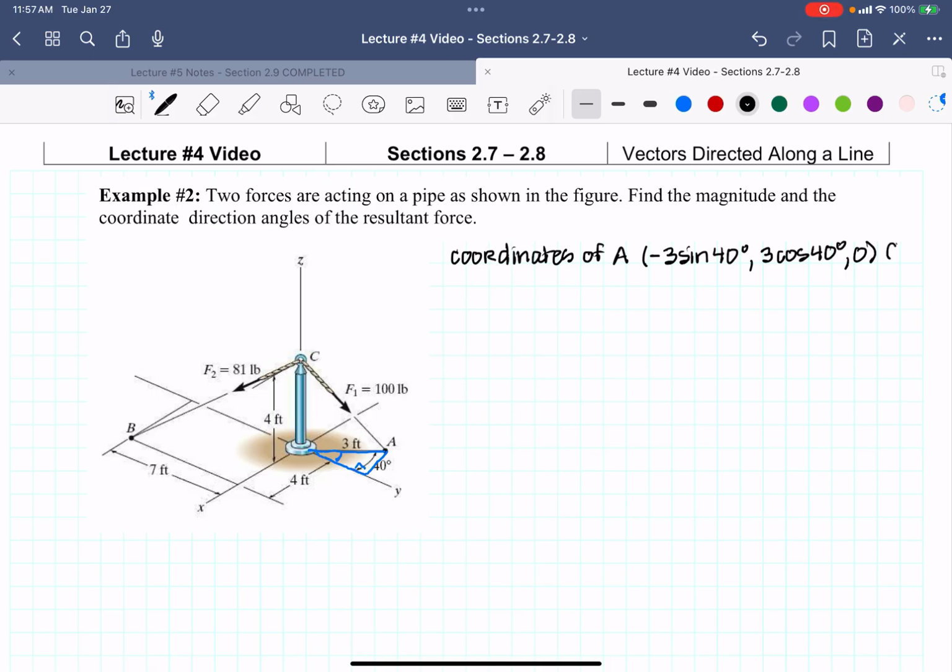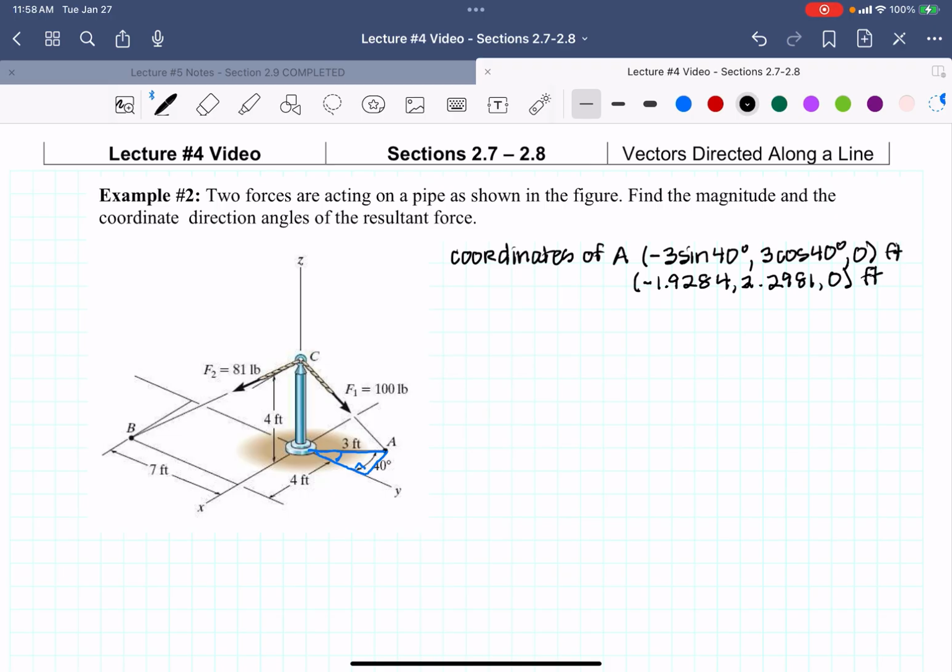And it is in feet. And if I put that in my calculator, because it's easier for me to keep numbers than to keep that whole thing, I get -1.9284 for my x, 2.2981 for my y, and 0 for my z.